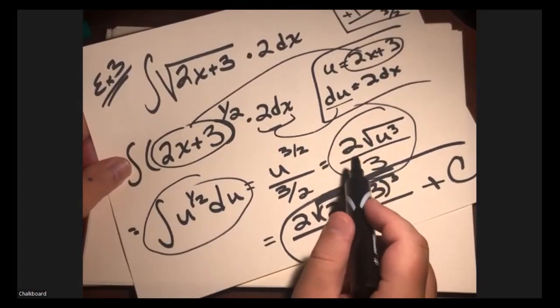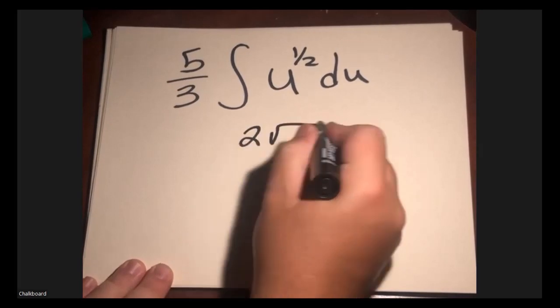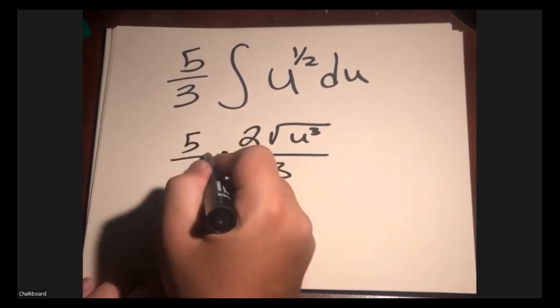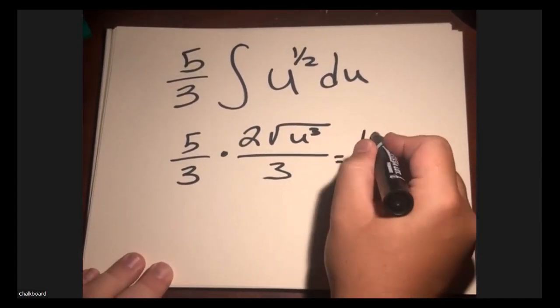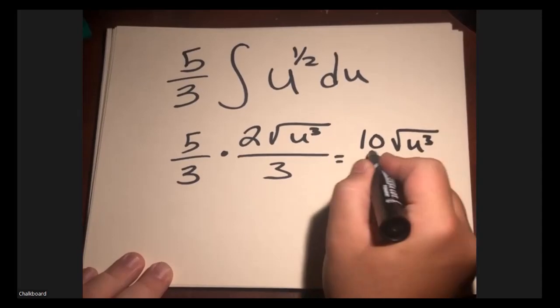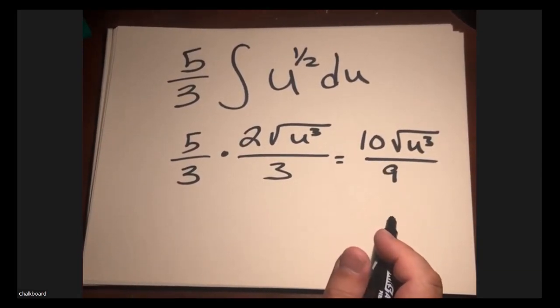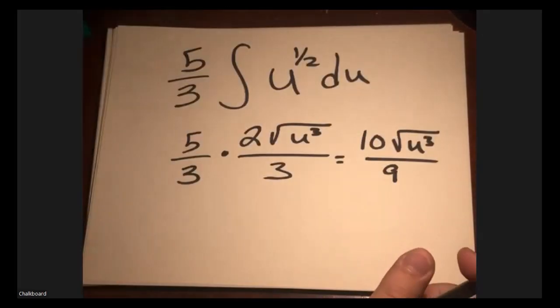Okay. 2 root u cubed over 3, times this quantity 5/3. And then that's 10 root u cubed over 9. U is supposed to be x cubed minus 4.